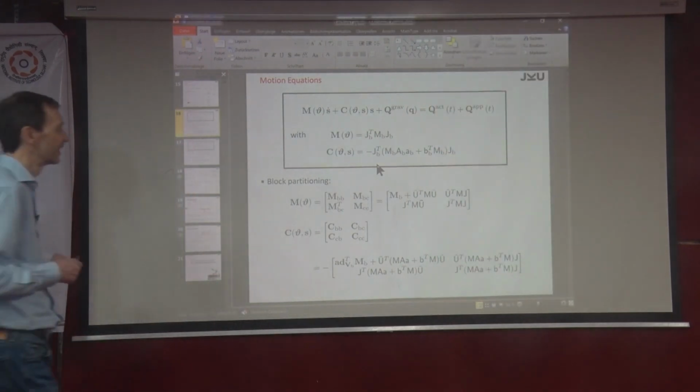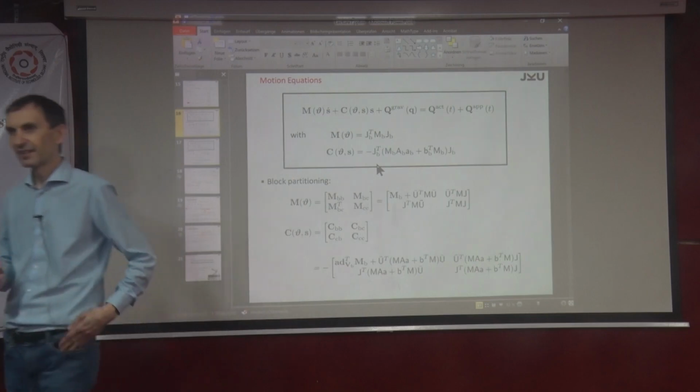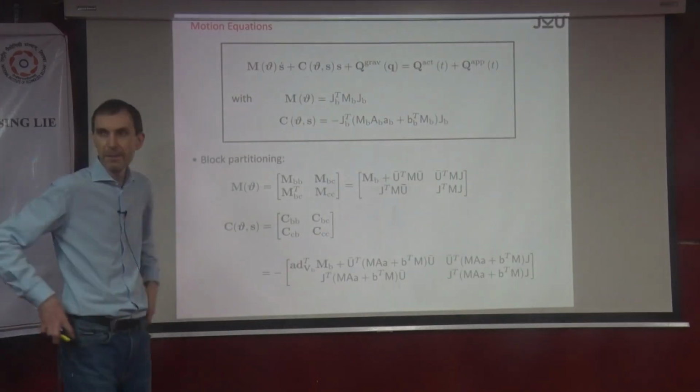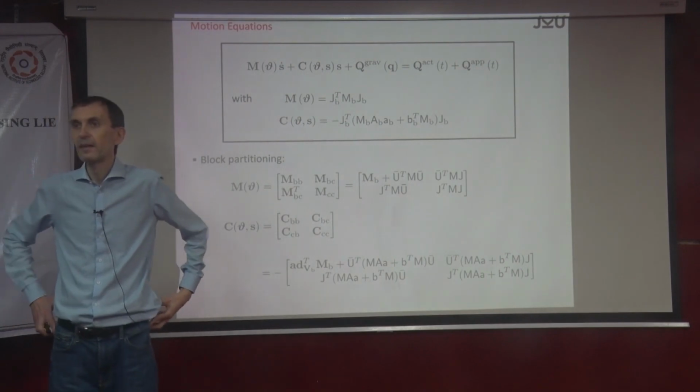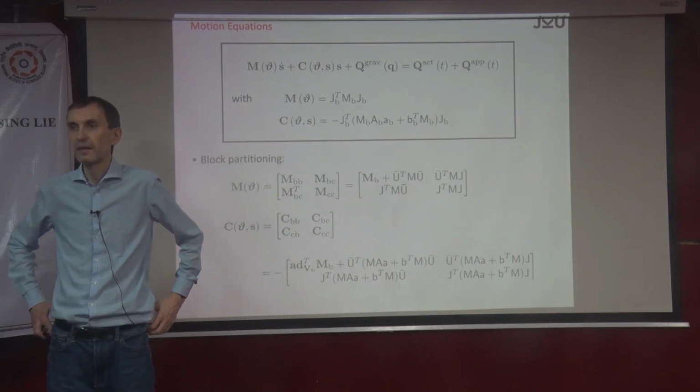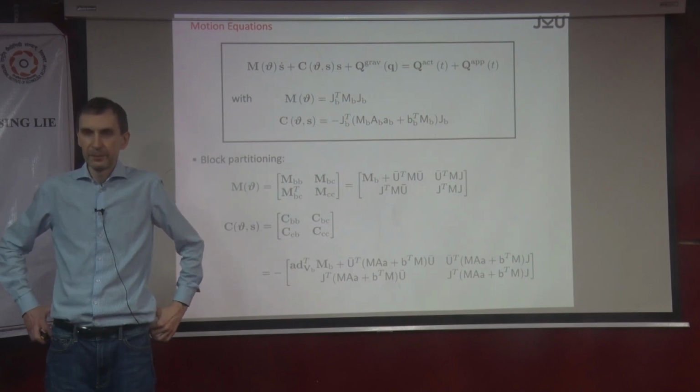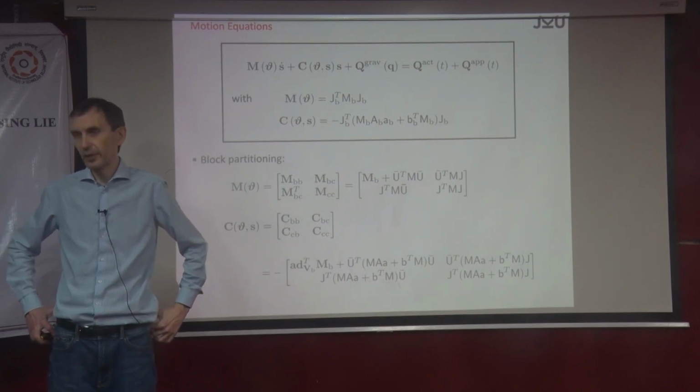So how can you measure these parameters physically, experimentally? Which one? The Coriolis parameter, centrifugal parameter, damping parameter, and others. Okay, so it's about dynamic identification, about how you physically measure all these parameters.